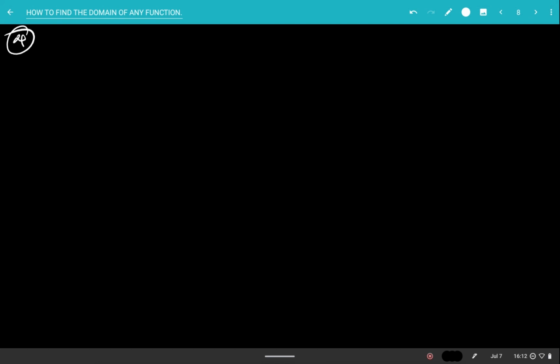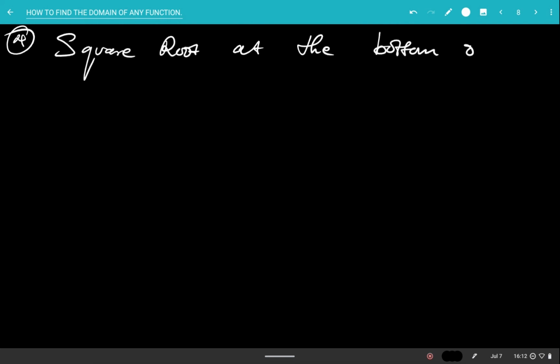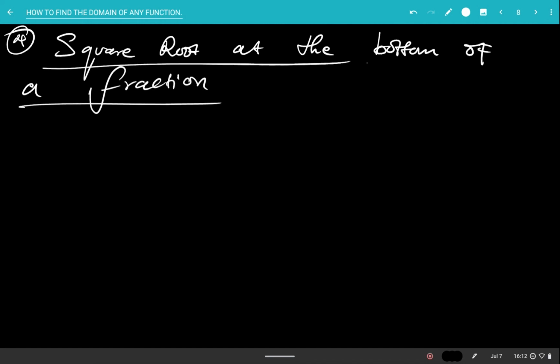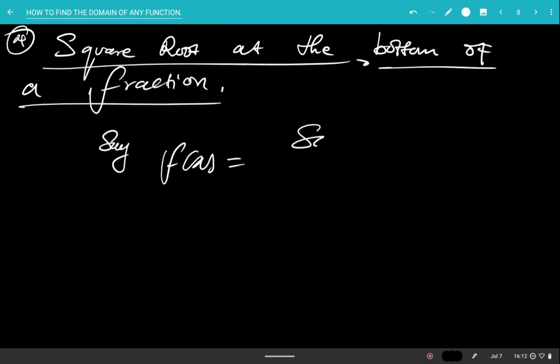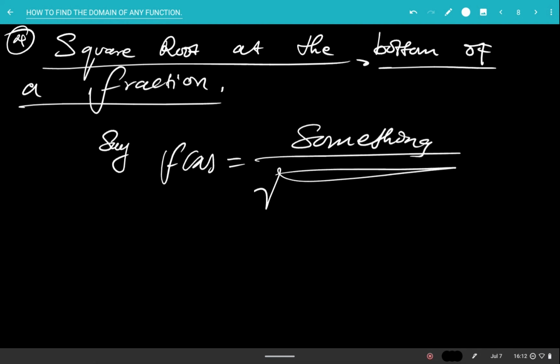Alright, in the next condition, that's where we have the square root at the bottom of a fraction. In short, when we have the square root as the denominator, let's say you have a function f of x is equal to something, which is a polynomial function, over the root of what?